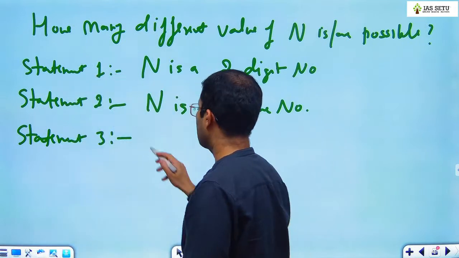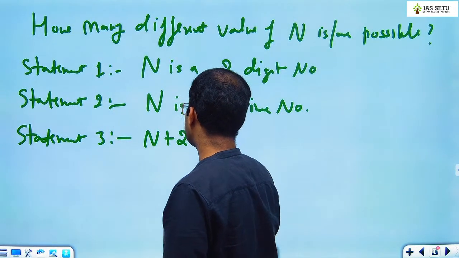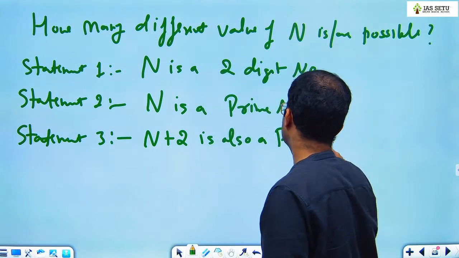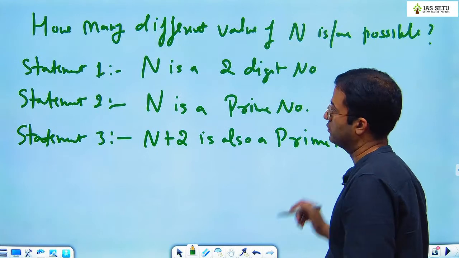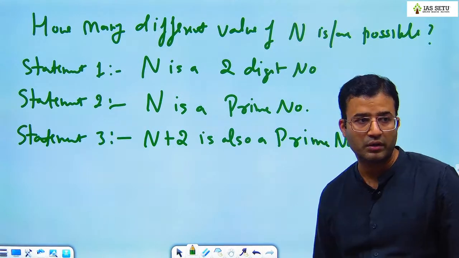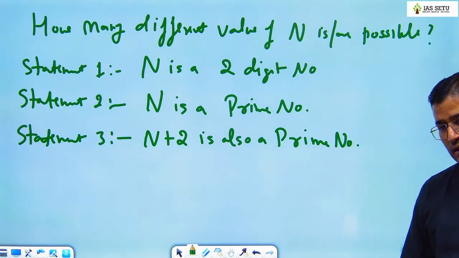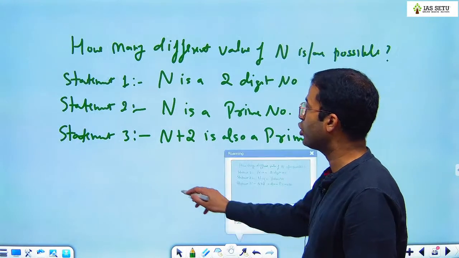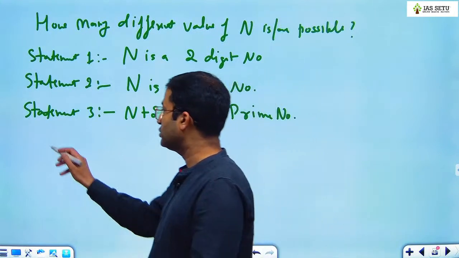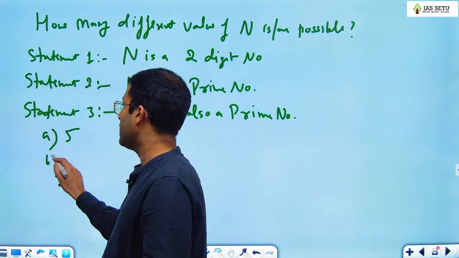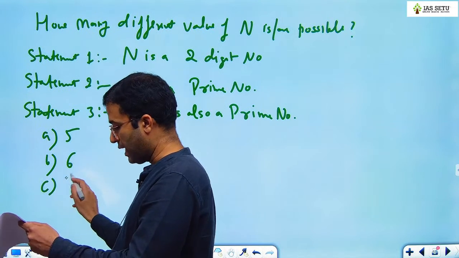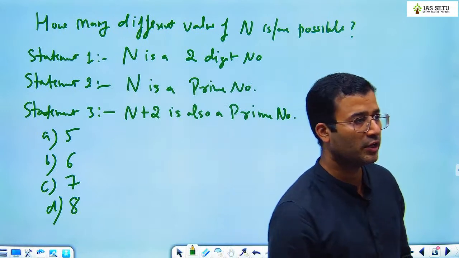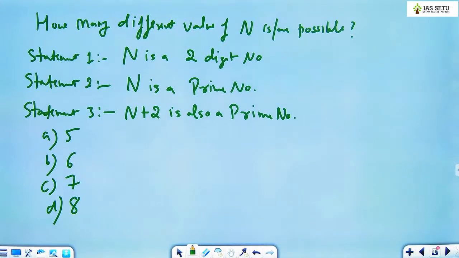Statement number 3, n plus 2 is also a prime number. So n is a 2-digit number, n is a prime number, and n plus 2 is also a prime number. I give you answer options. Answer option A 5, option B 6, option C 7, option D 8. Take your time. I give you 2 minutes.